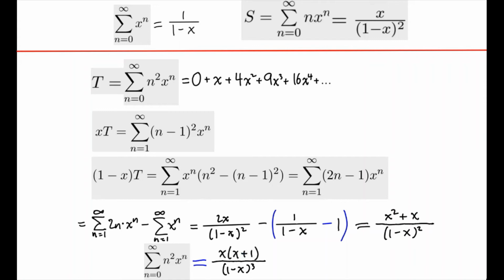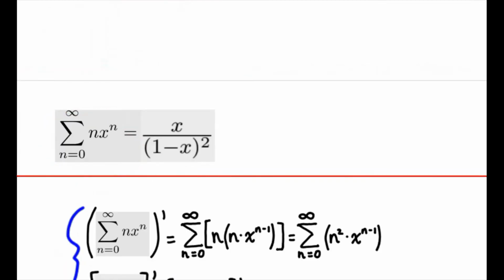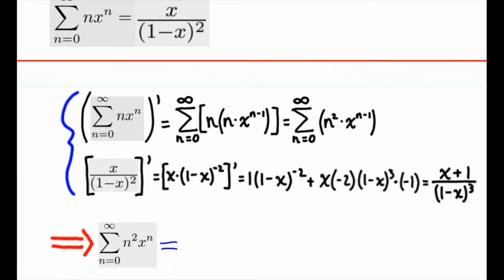Now we're going to have another method of doing this, which includes derivatives. In this method, we're going to be taking the derivative of both sides of this equation. So let's do that.